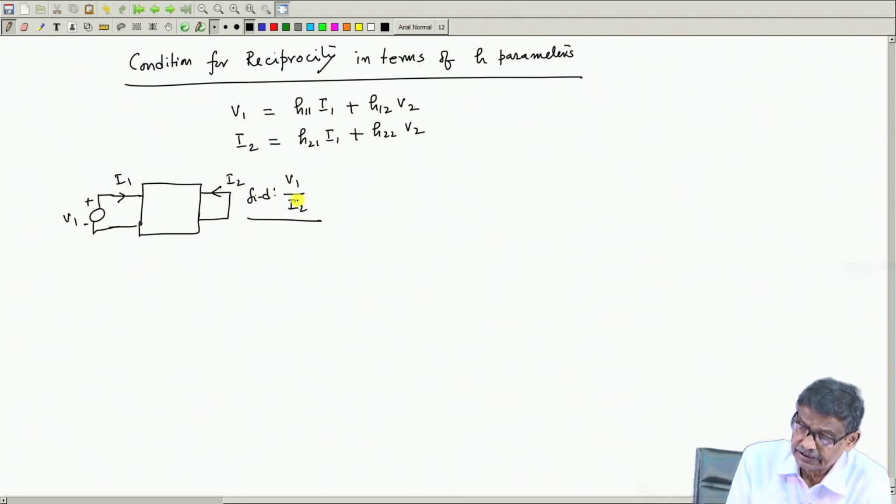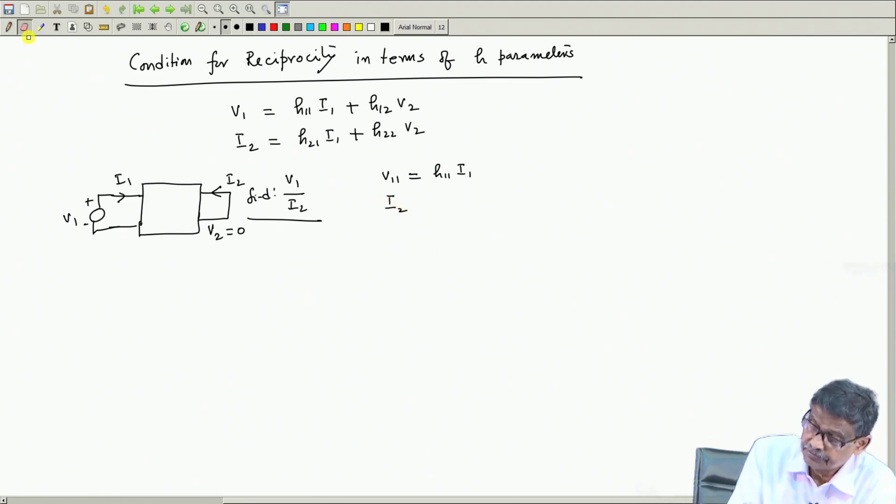So, how can I find that V 1 by I 2? Put this condition, that is V 2 equal to 0. If you put, the first equation will give you V 1 equals H 1 1 into I 1 plus 0 into H 1 2. So, there it ends.